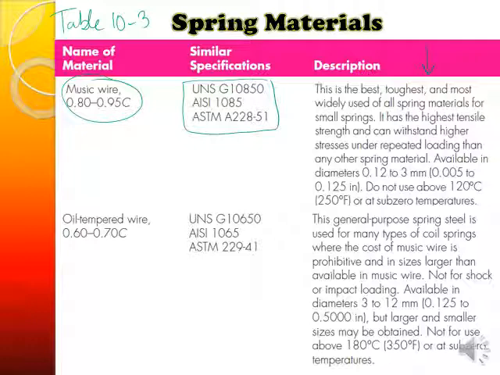But when we give these numbers, you see over here, the three numbers. This number you know from ASTM, American Society for Testing of Materials, while the UNS is the Unified Numbering System.